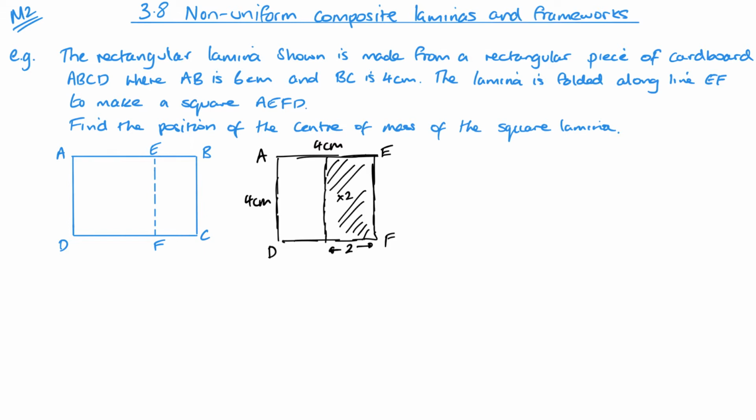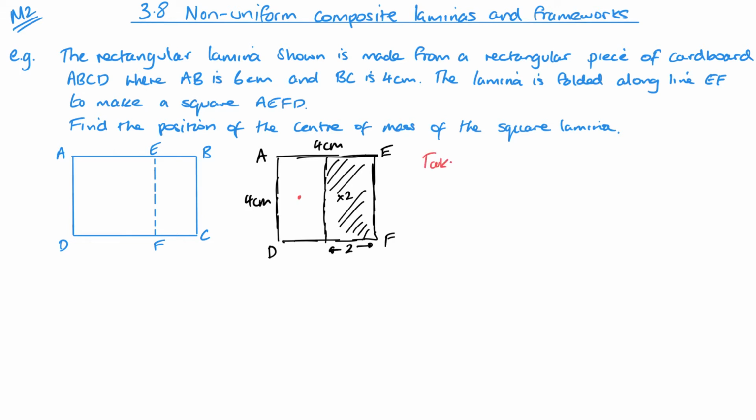So looking at the center of mass of the two rectangles that make up this square. We've got two rectangles, center of mass here and center of mass here. In this particular one, I'm going to take D as my origin.